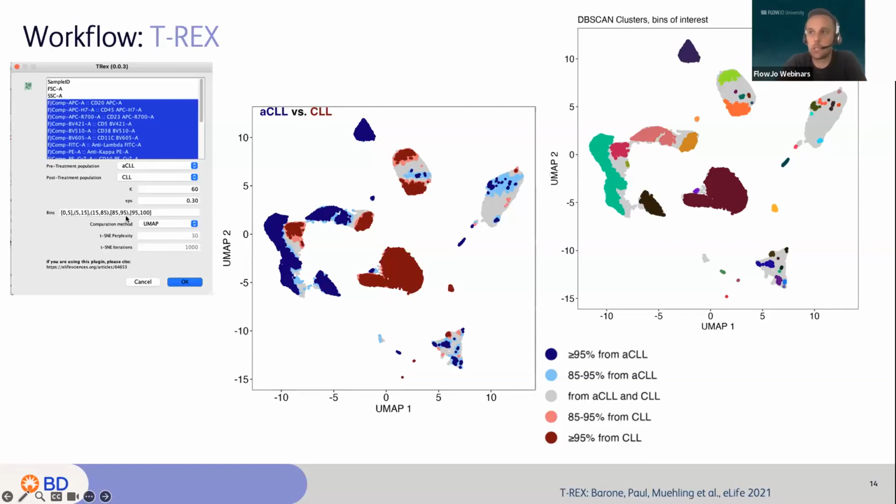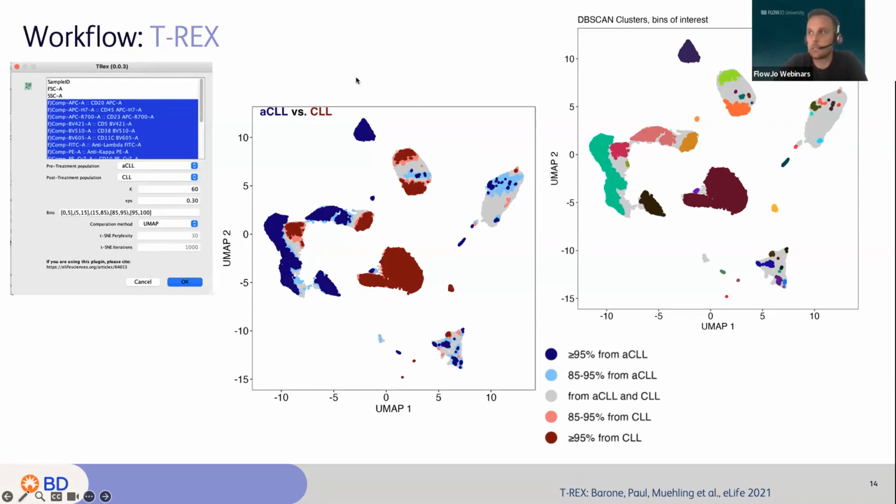That's the default. You can change those numbers and those ranges the way you want. Then you can decide if you want to create a UMAP or a t-SNE. And if you create a t-SNE, you can change your t-SNE parameters, so the perplexity and the iteration.